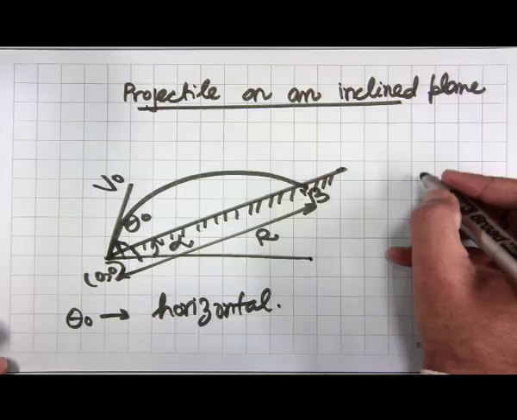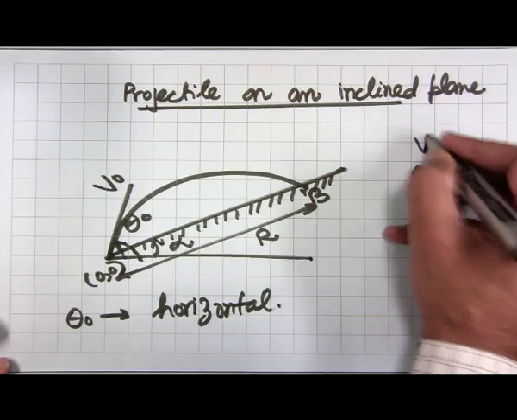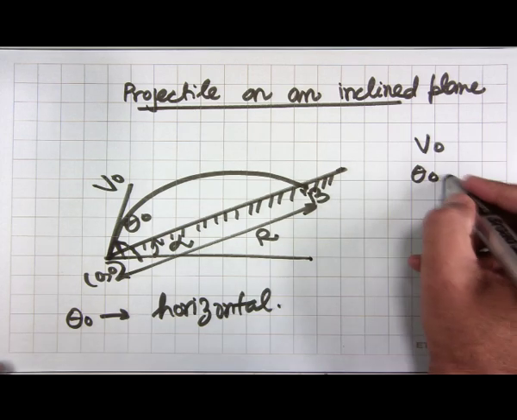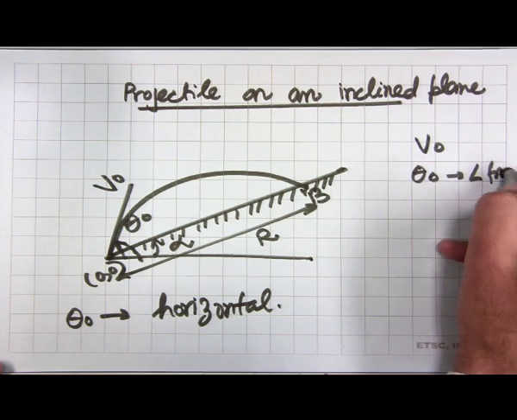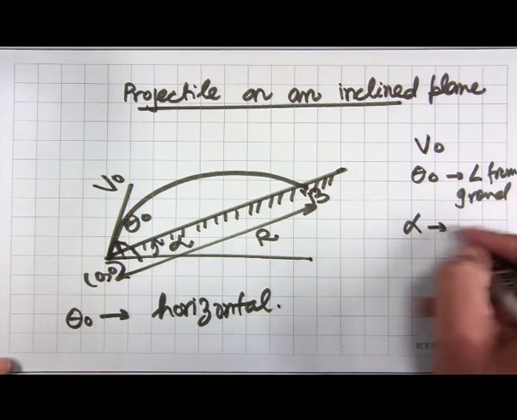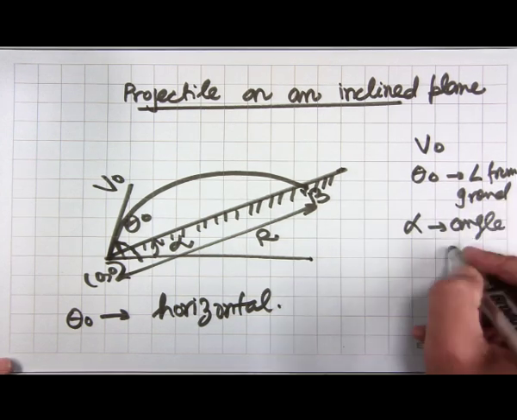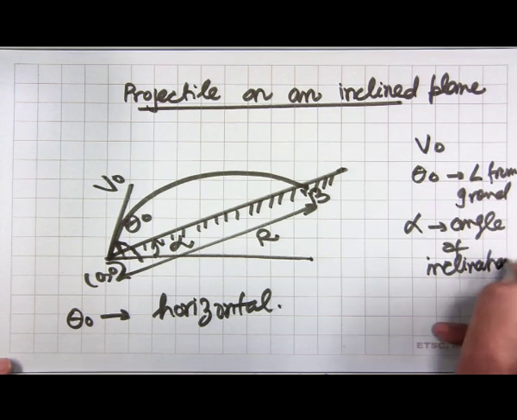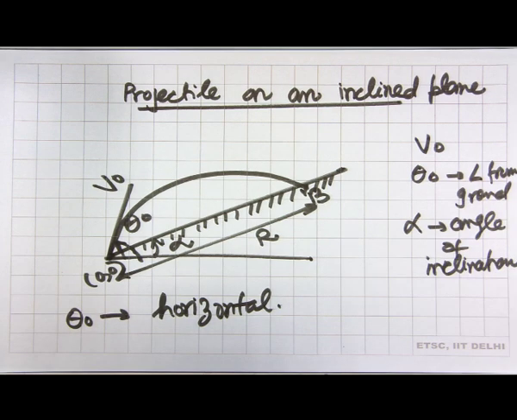So, if we want to find this range in terms of the parameters given to us, which are the parameters? We have v0, the starting velocity of the projectile, theta 0, the angle from the ground, and the third thing, alpha, which is the angle of the inclination, and we want to find the range.